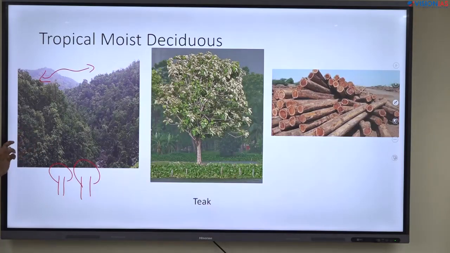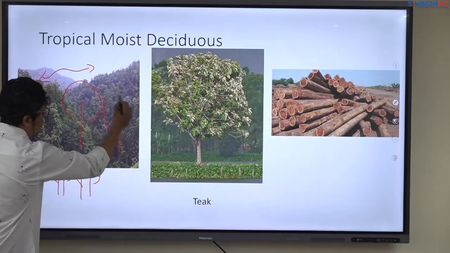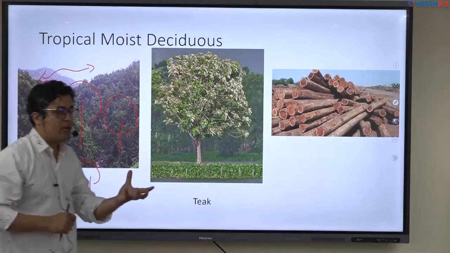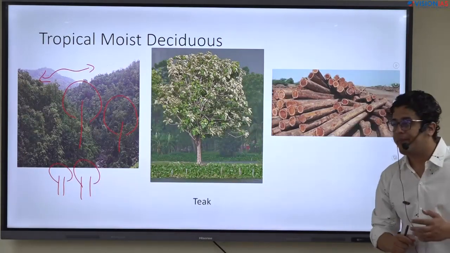But here, that uniformity is missing. Some trees are bigger, some trees are small. There is clear variation in the height. You can see a wave-like pattern in that green cover. Some trees have gone bigger, some have remained smaller. There is no uniformity. Why?